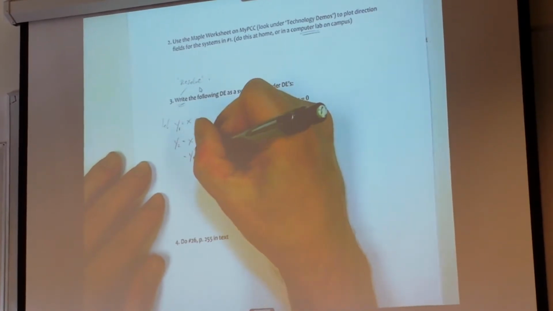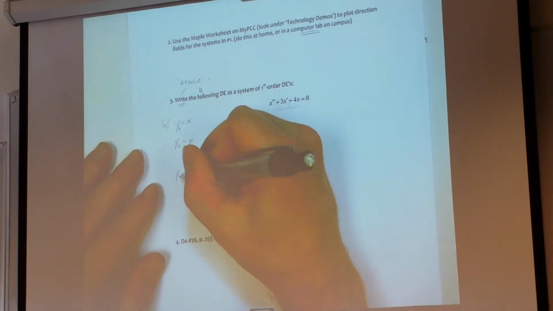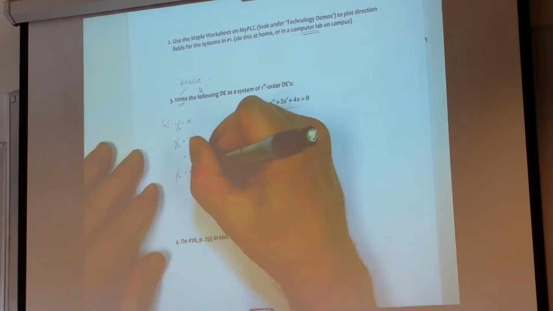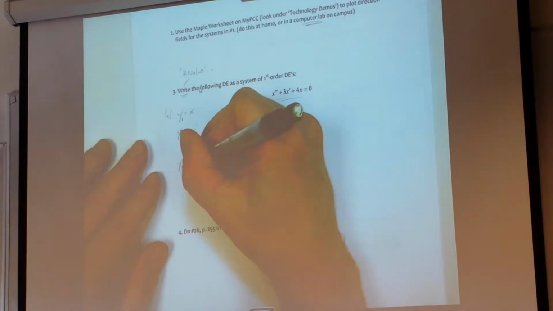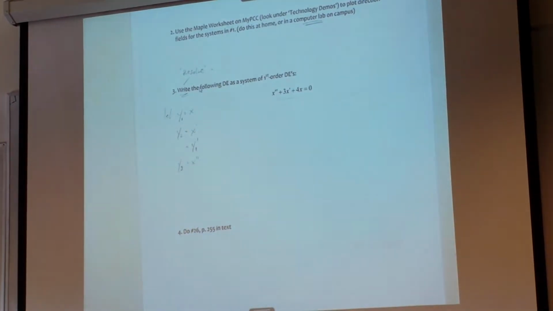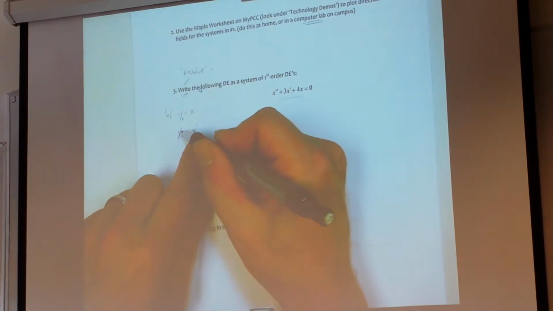That gets ugly. And let Y3 equal X double prime. I just want to keep these 2's and 3's straight. And X double prime, that's X prime prime, so that'd be Y2 prime.